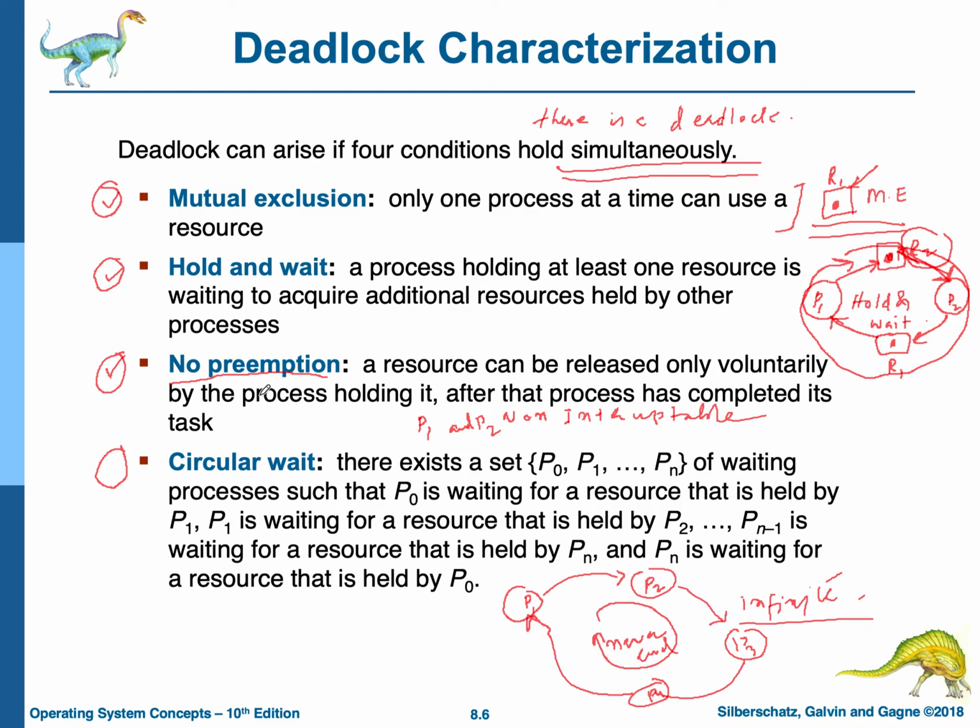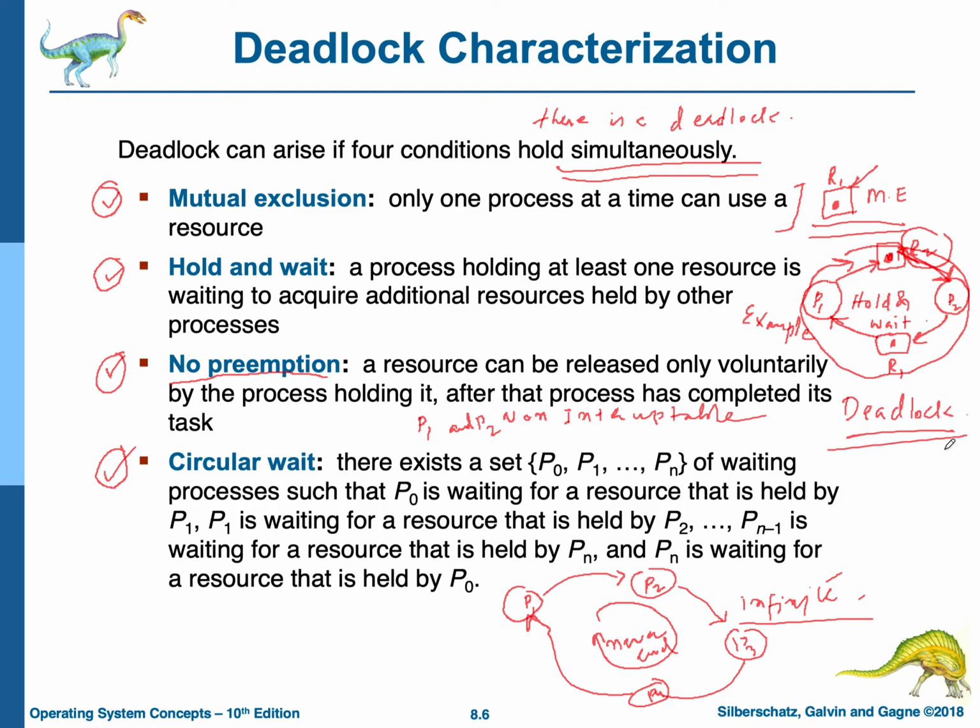So in this example we have seen the four conditions, and the four conditions are met. Then we can only say that if all of these four conditions, 1, 2, 3 and 4, are met, then only can we say that there is a deadlock. Okay.